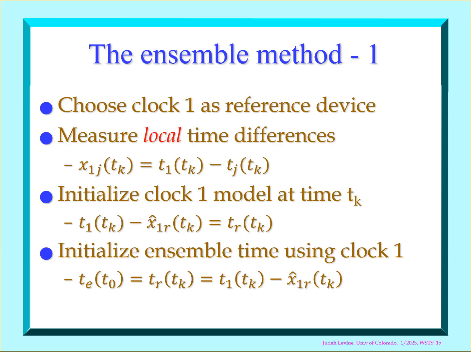What I'm going to do here is I'm going to have one clock, which is linked to the reference device, and I call that clock 1, but it really doesn't matter. It's one of the clocks, and I measure the time differences locally between clock 1 and all the other clocks, so that I have a local measurement of time interval counter or whatever that measures the local difference between the reference clock and all the other clocks.